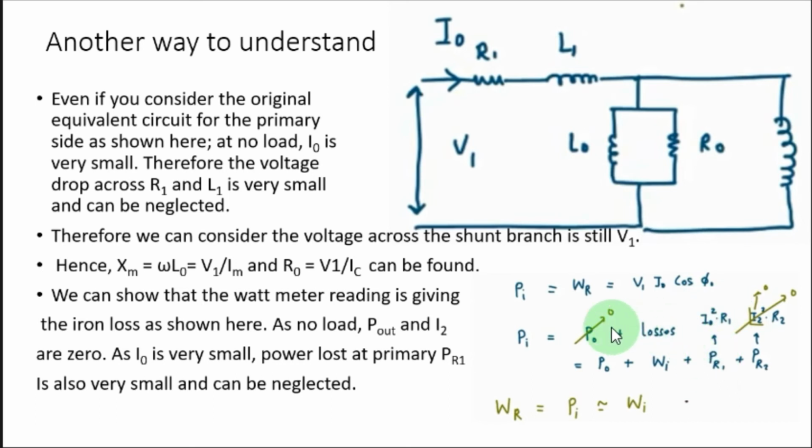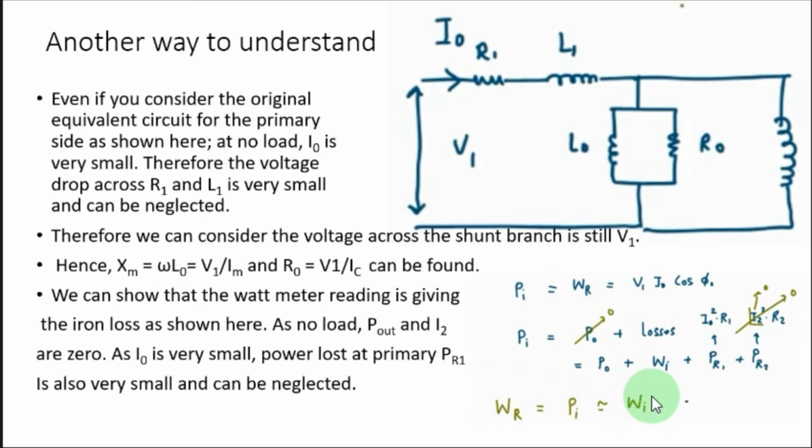Therefore P output is also 0, because there is no power, no current going on the secondary side. Therefore finally we get input power equal to Wi, which is iron loss, right? So Pi equals Wi, and Pi is again the wattmeter reading. So from the wattmeter reading we get the iron loss.